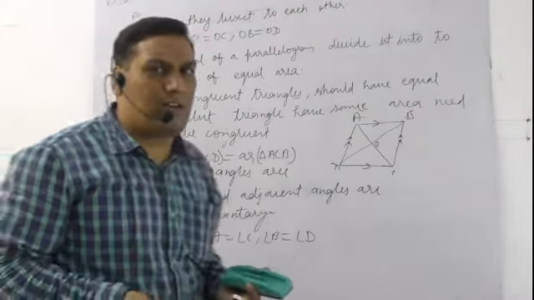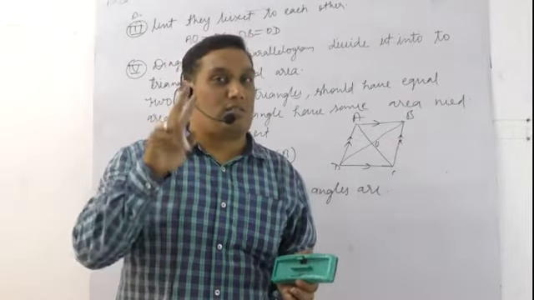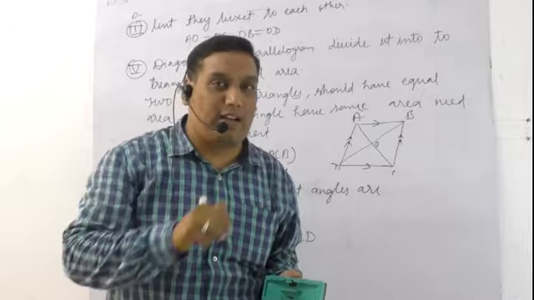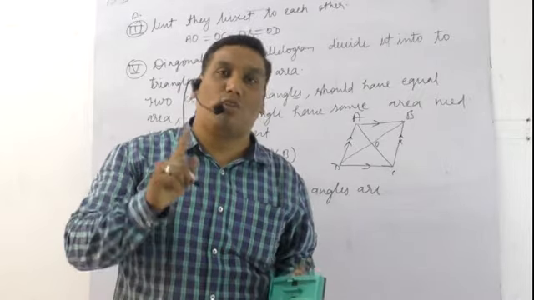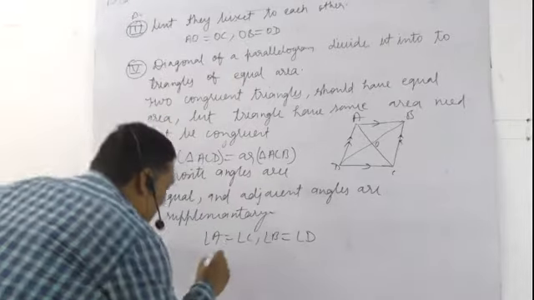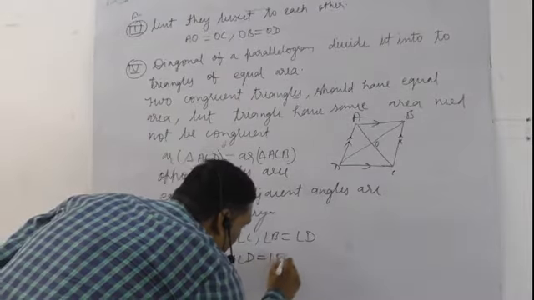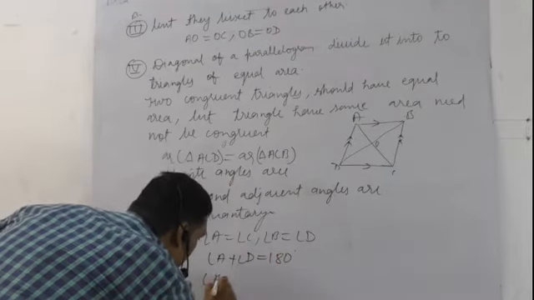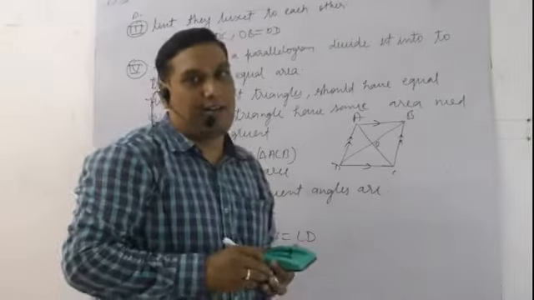As you know very well about supplementary angles, supplementary angle means sum equal to 180 degree. Two angles having sum equal to 180 degree. It means angle A plus angle D is 180 degree and angle B plus angle C is 180 degree.